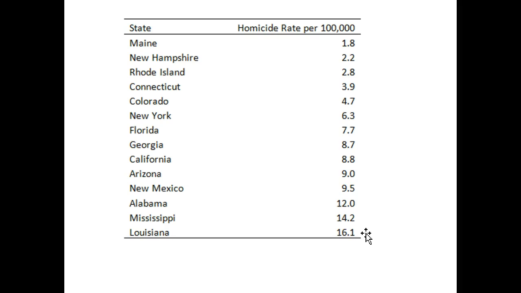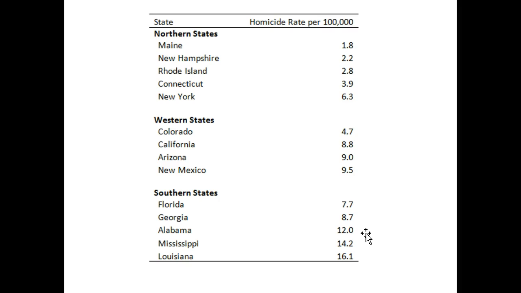Now we can do some additional things to manipulate the story here and say what's most important. So we could do it by region. And now we're getting a slightly different story emphasized. We see the northern states, and I think I made up this data, so don't draw anything from this. So the north seems to have the best homicide rates.